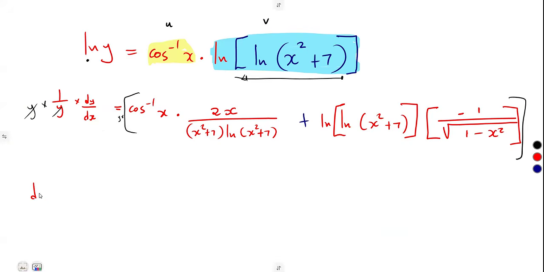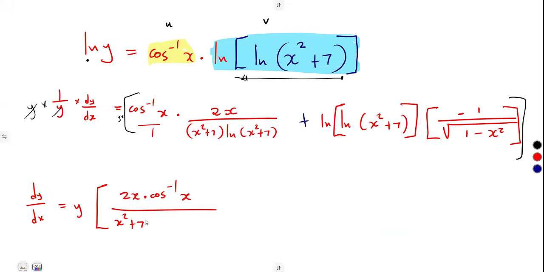So dy dx is going to be equal to y times 2x arc cos of x over the denominator as it is, ln of x squared plus 7.